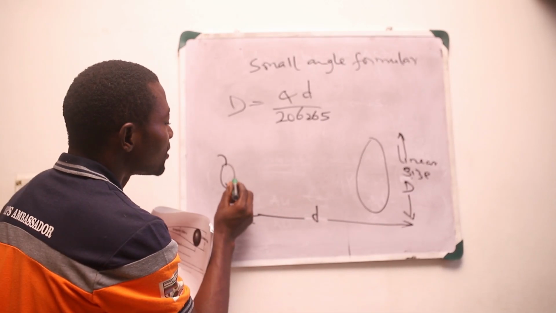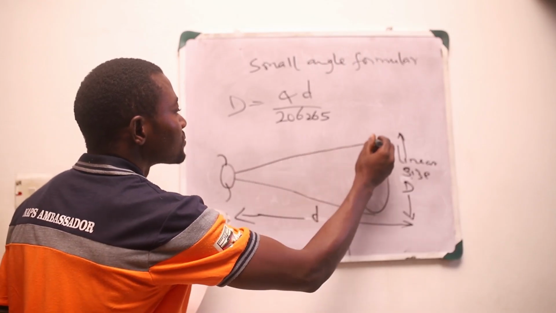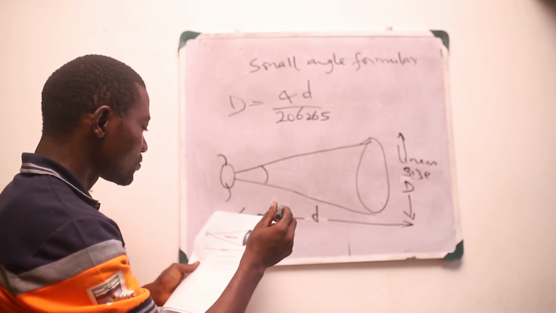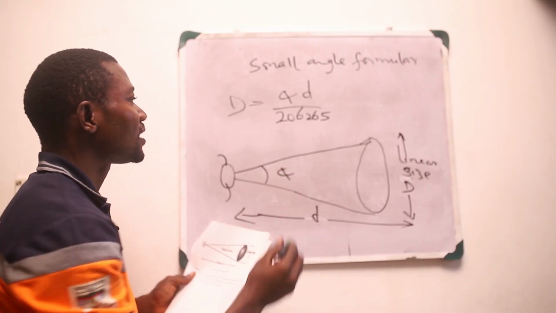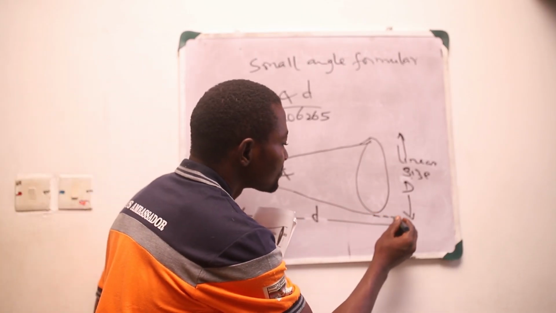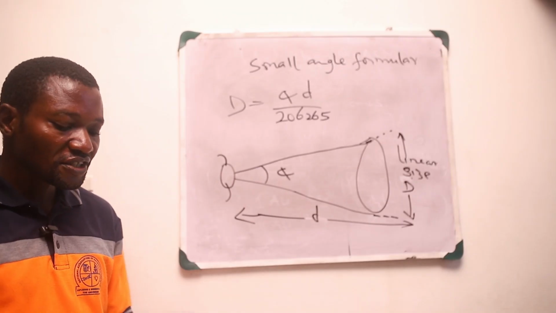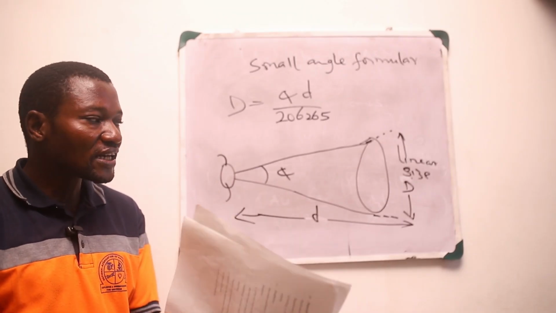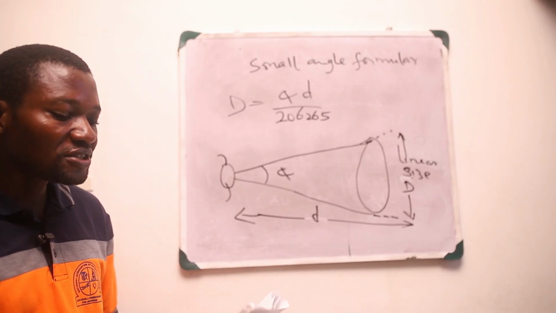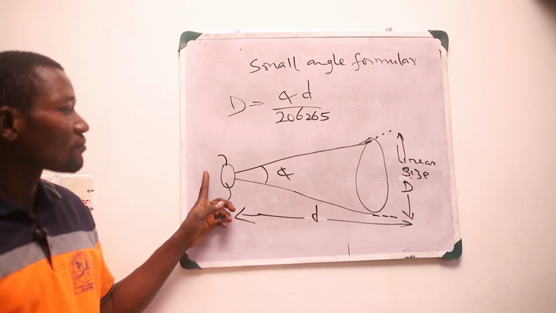The observer can view the object at an angle phi. So we have said the small angle formula indicates how the size of an object appears to change with distance.